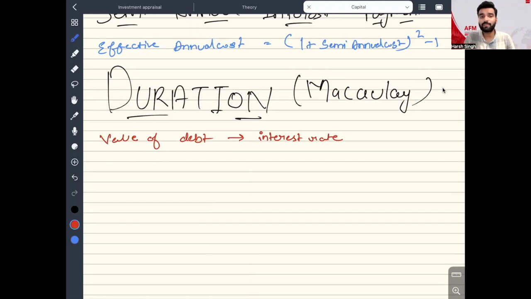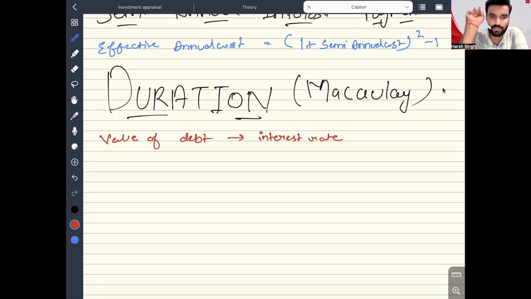It is nothing but the present value of all the future interest that we are supposed to receive. So there is a relation between these two. The change in bond price is approximately the same in either direction.